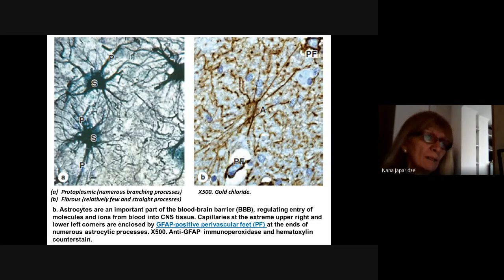And another one is gold chloride, co-stained immunocytochemistry of astrocytes. And you see here the fibrous astrocyte, with processes that are clearly visible here due to the immunocytochemistry.